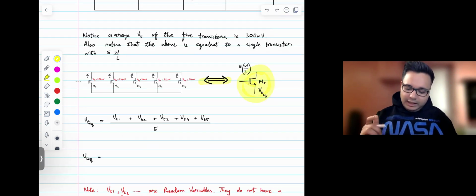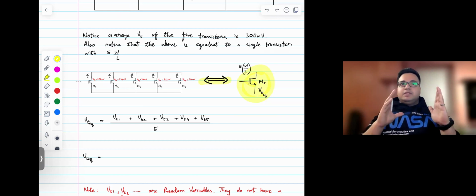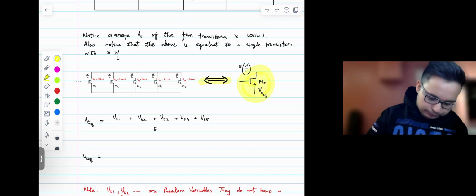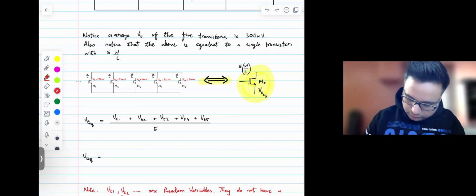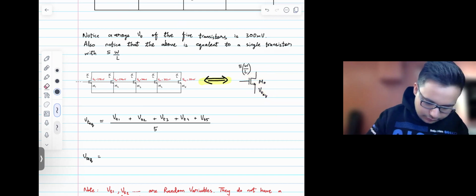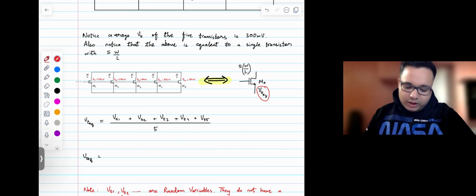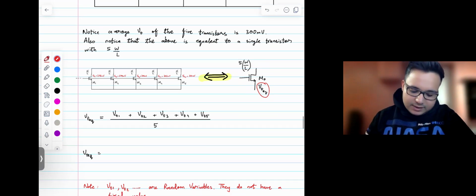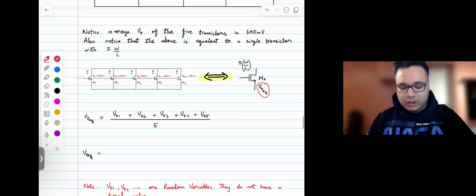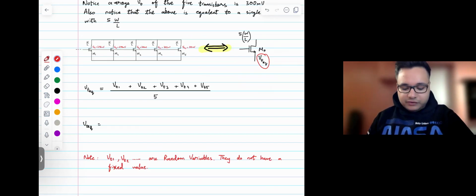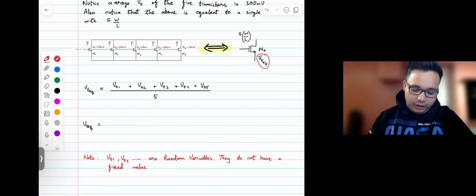If the threshold voltage of this 5 times W by L transistor is VT equivalent, then what is VT equivalent? It is VT1 plus VT2 plus VT3 plus VT4 plus VT5, the threshold voltages of the 5 transistors, divided by 5.